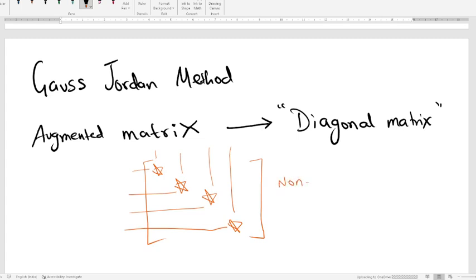So diagonal matrix means non-zero elements are allowed only at diagonal positions. I hope you are all writing it down.